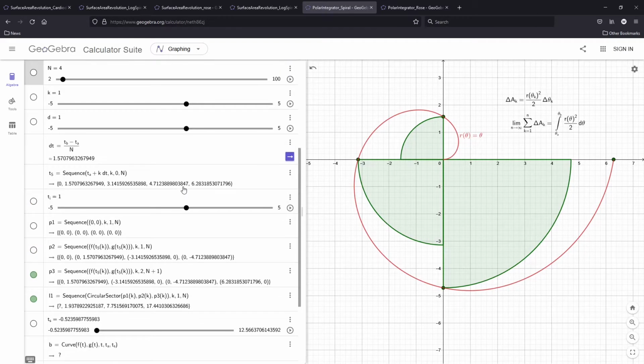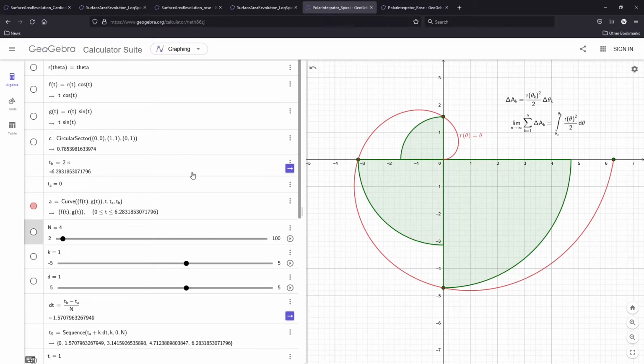And this is an integral that we can calculate relatively easily using this formula. But what I want to do is show you what's going on with the Riemann sum. So this is the picture of the circular sectors. We have 3 circular sectors for 4 points in our partition.